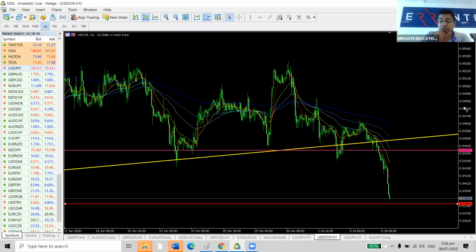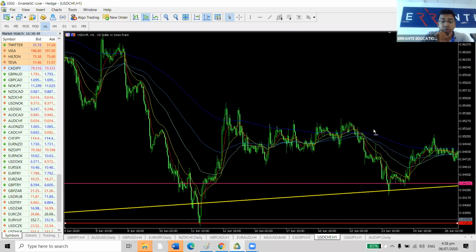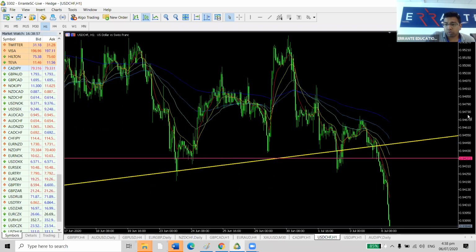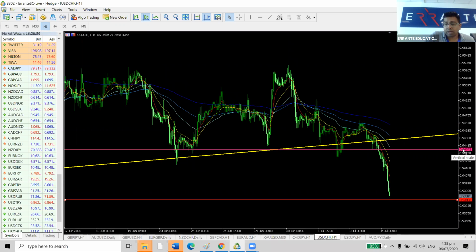Also, as price is plunging downwards, we have that area to watch out for, which is 93.80 exactly there. So that's what we talked about earlier on. Then 93.90 is where you should actually exit, especially now, just in case it bounces up a little bit too much too soon. Okay.